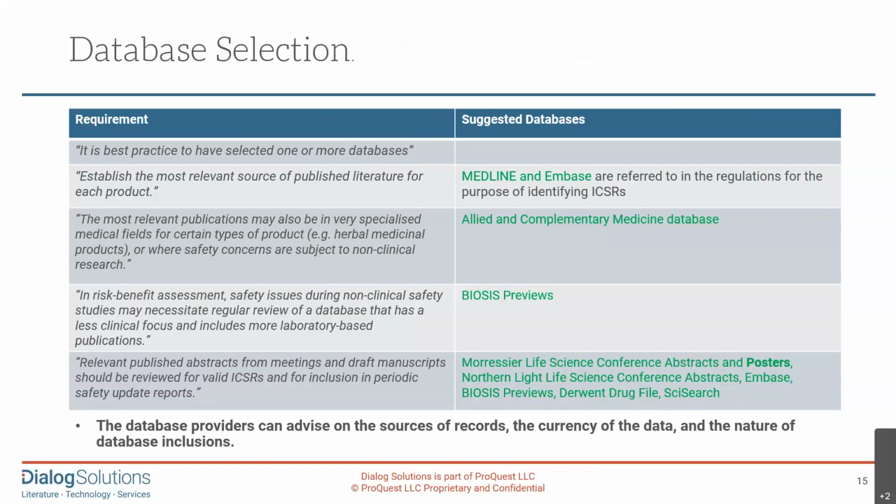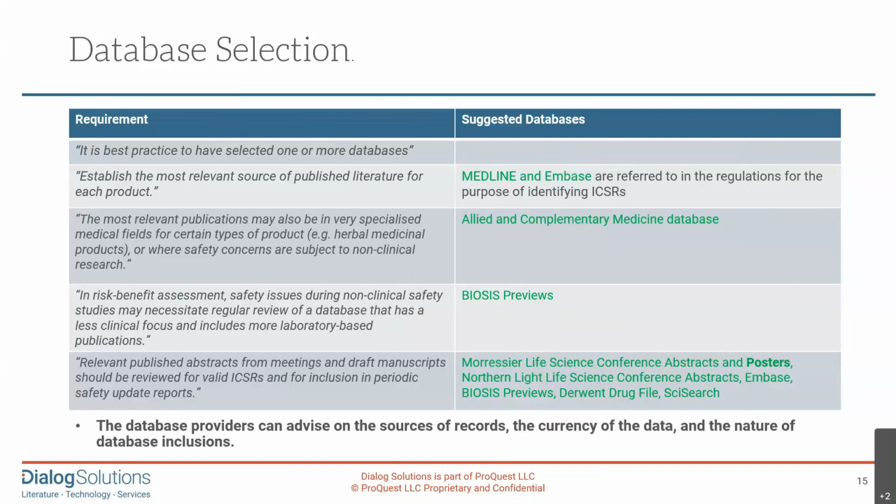Even though the guidelines for the EMA suggest Medline or Embase, if you actually look further in the regulations for the EMA, they do state that it's best practice to have selected one or more databases and to establish the most relevant source of published literature for each product. So Medline and Embase are what we call the usual suspects, and everybody is using one or both of those. I've never seen anyone not using one or both.